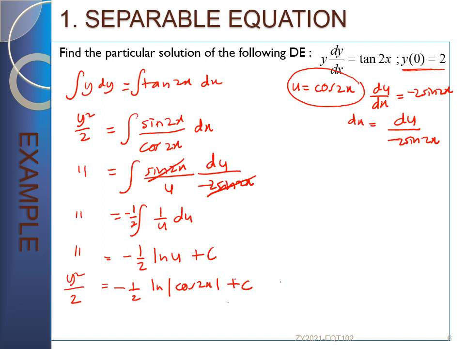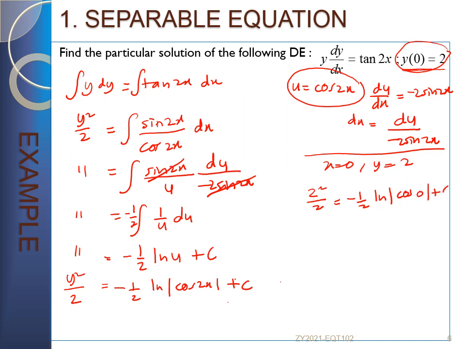So now we want the particular solution, which is given here. When x equals 0, y equals 2. So we substitute: 2 squared over 2 equals −1/2 ln cos 0 plus c.